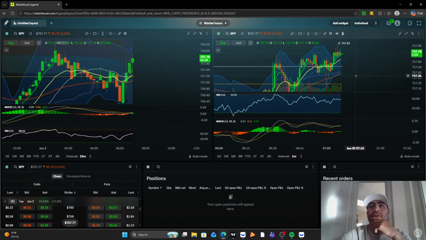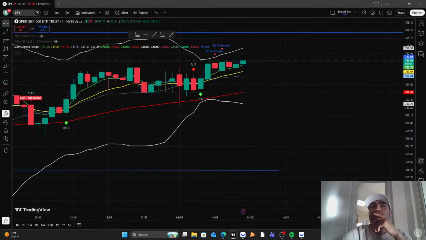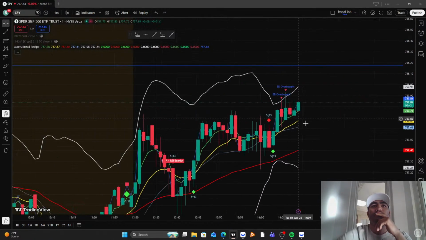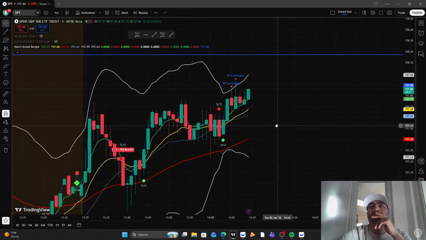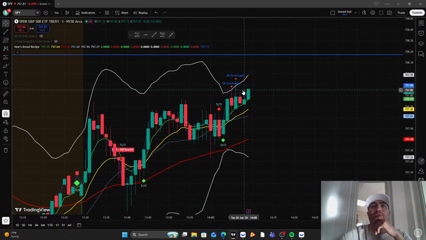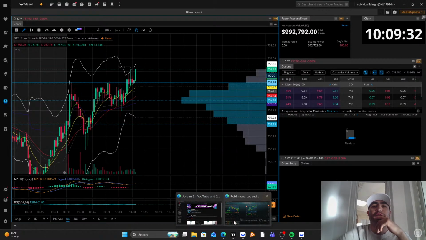I would expect another bounce here soon. Man, this is a tough call here. Overbought, overbought. I would expect a little wash here. Doesn't look like it. Yeah, she's just running.